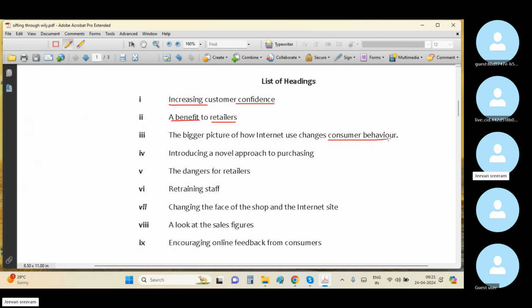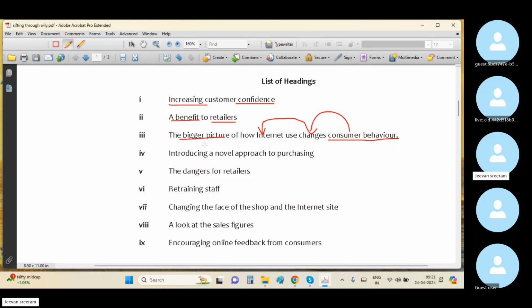Then third, the bigger picture of how internet use changes consumer behavior. Okay, consumer behavior, our behavior. What is consumer behavior? The buyer's behavior, meaning the way he purchases things. The way he purchases things has been changed due to the internet. So the bigger picture means the wider extent: the internet has actually changed the purchasing behavior of consumers.